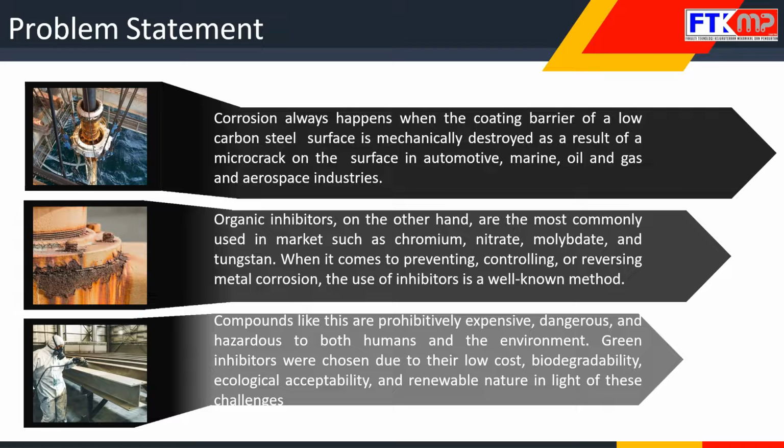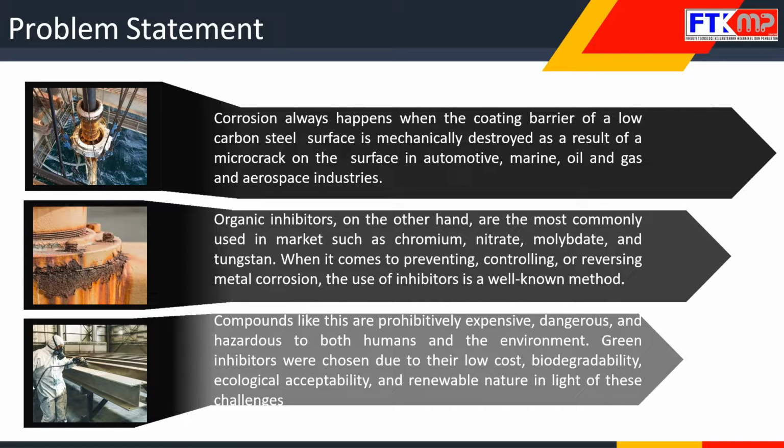For the problem statement, I found that corrosion always happens when the coating barrier of a low carbon steel surface is mechanically destroyed as a result of microcracks on the surface in automotive, marine, oil and gas, and aerospace industries.